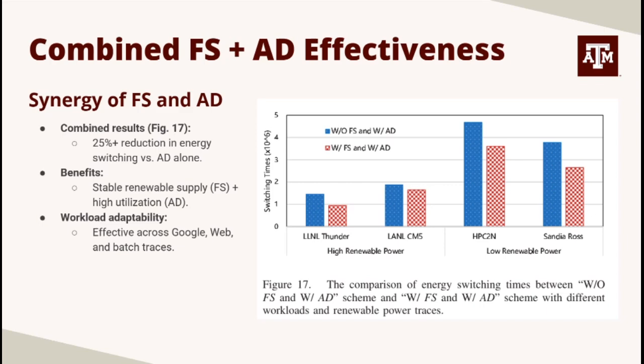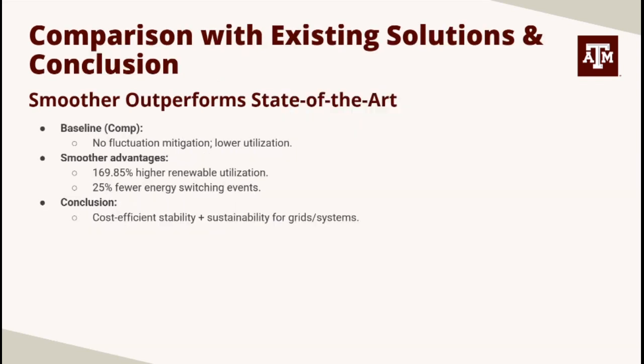In summary, Smoother addresses two critical challenges in renewable powered systems. First, flexible smoothing cuts energy switching by at least 25%, stabilizing power supply. Second, active delay boosts renewable utilization by 169%, ensuring green energy isn't wasted.